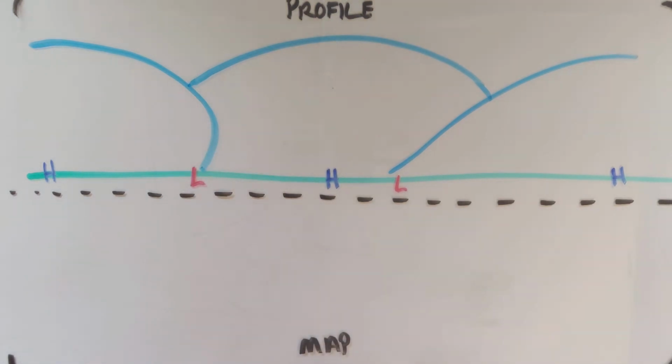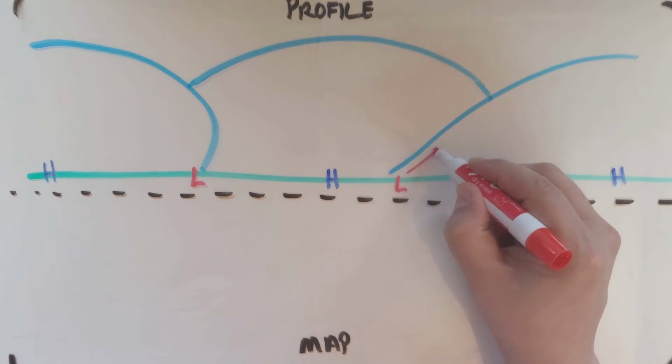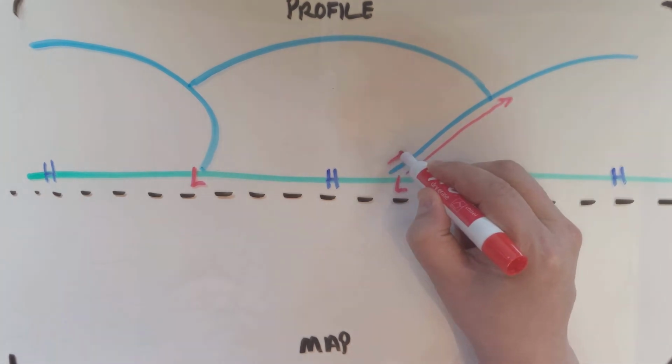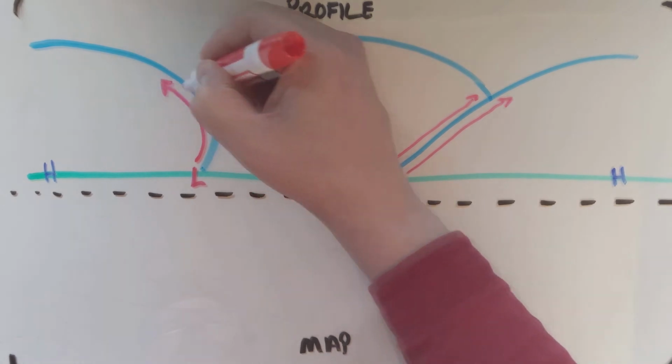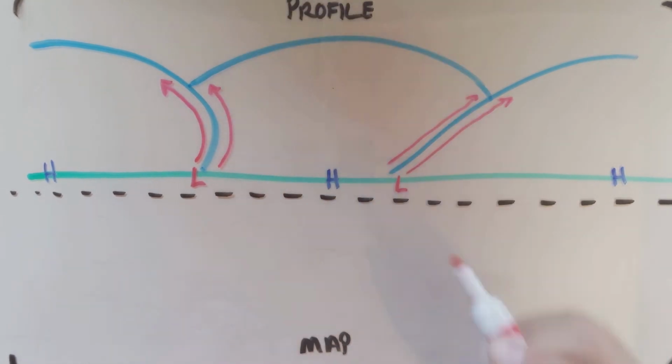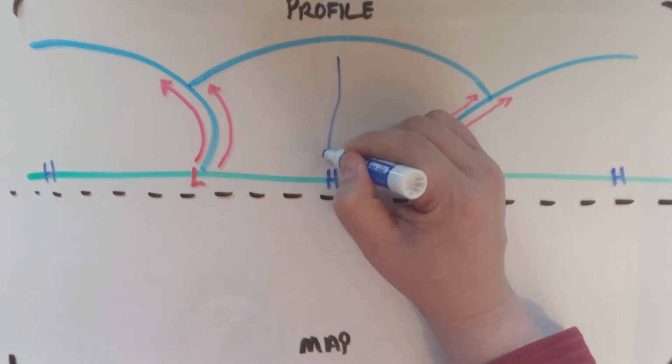All right, so just a real quick review. At the lows we have warm air rising, right along the boundary. And we have warm air doing the same thing over here, right along the boundary. Above the highs, we have air sinking, like so.